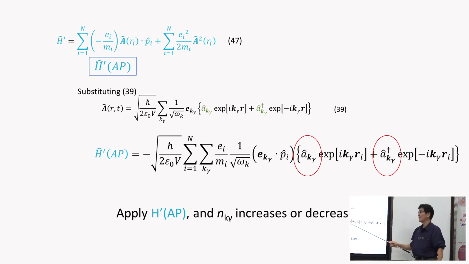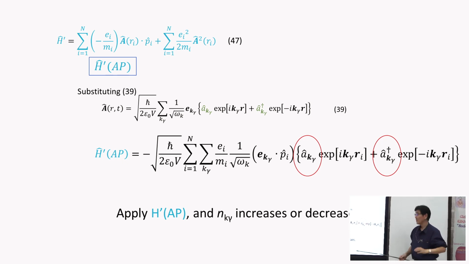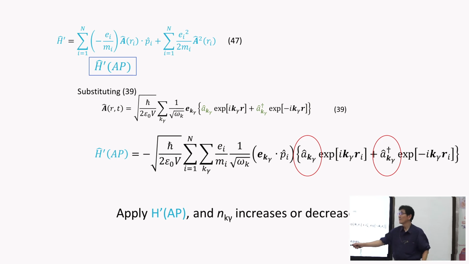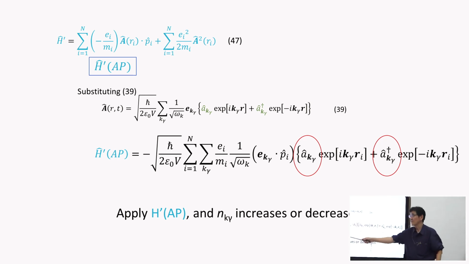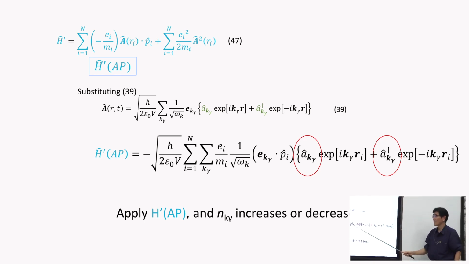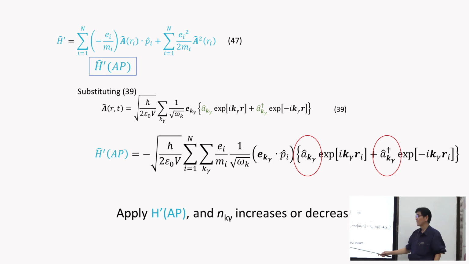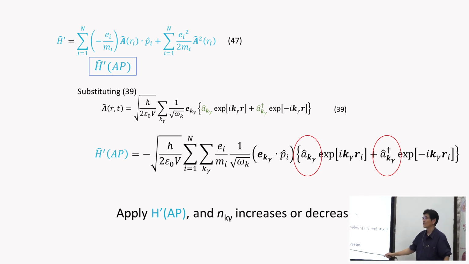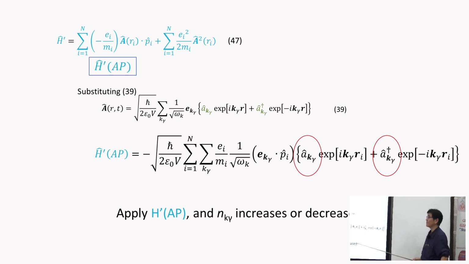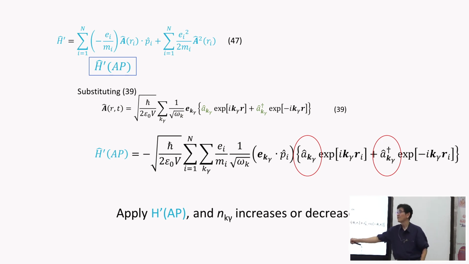You know, a and a dagger affect the number of photons in the radiation. So, as a consequence of the presence of the interaction Hamiltonian H prime A·P, the number of photons can increase or decrease depending on the optical process. Applying H prime A·P, the number of photons having the wave vector k and polarization gamma increases or decreases. So this is the effect of this term.